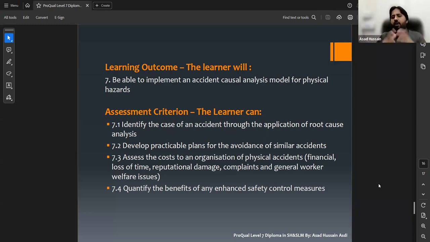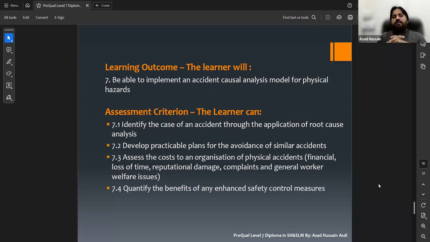Like the same reasons, moral, legal, financial, you have to assess the cost. So after an investigation, there should be some type of costing, how your organization is damaged, or what the costs are which are liable after a physical accident, and that can be used as evidence here.